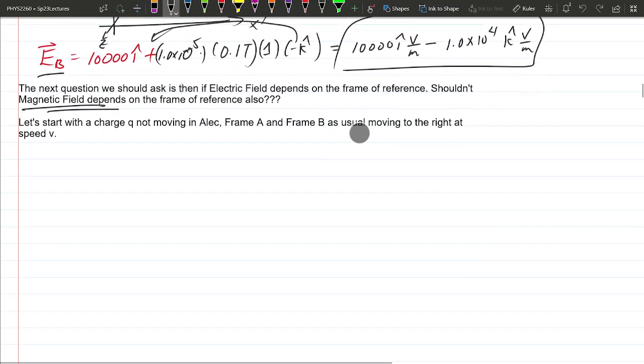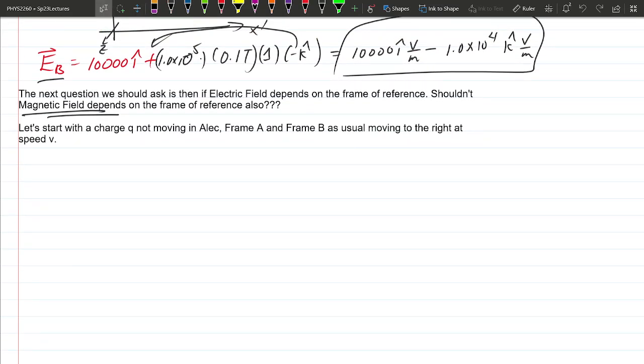Let's start with a charge that is not moving in frame A, or in other words, Alex's frame, the one on the sidewalk. Frame B is moving, just as usual, where Brittany is running along the street.